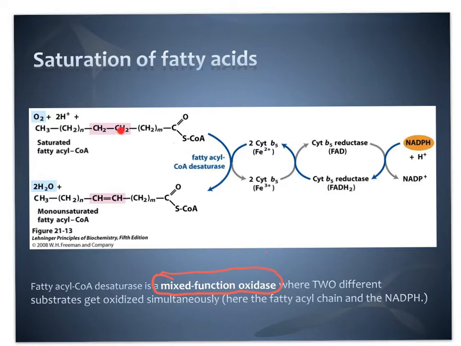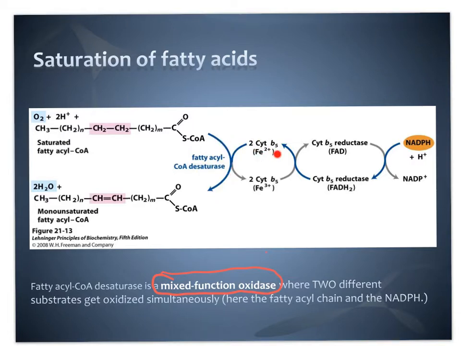I'm just going to call it fatty acid. So we have the reduced fatty acid that gets oxidized. So that means it loses electrons. The electrons get passed off here to a cytochrome B5.